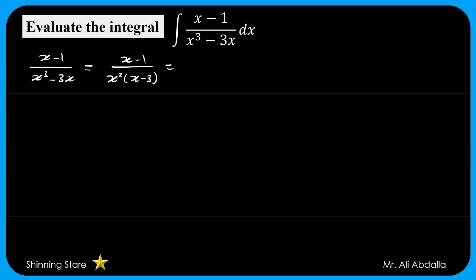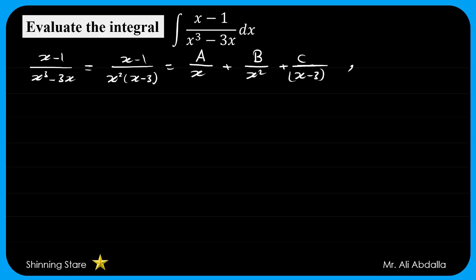We have a repeated linear factor, so we can write the partial fraction in this form: a over x plus b over x to the power 2 plus c over x minus 3.